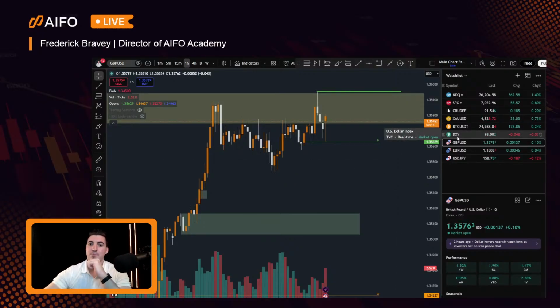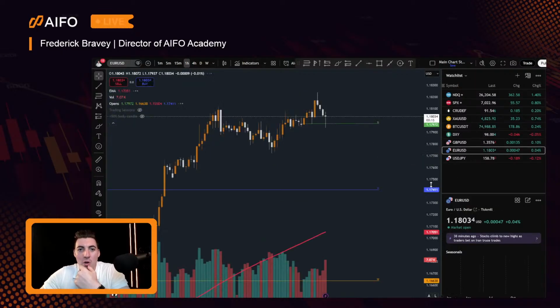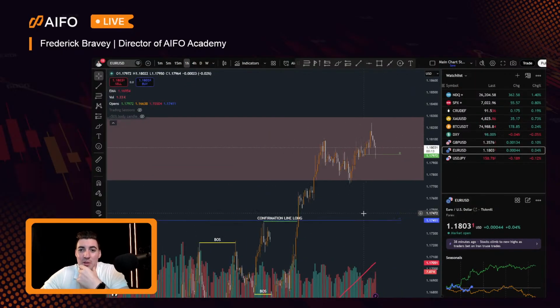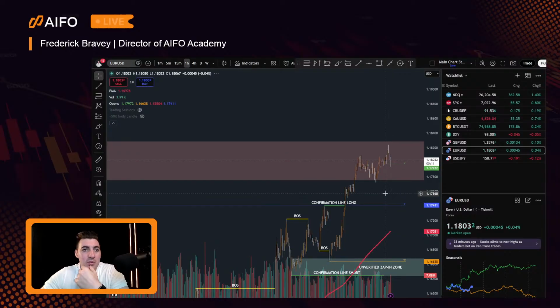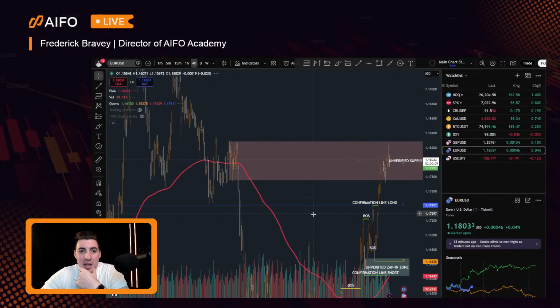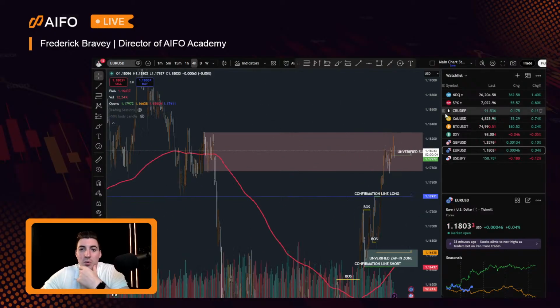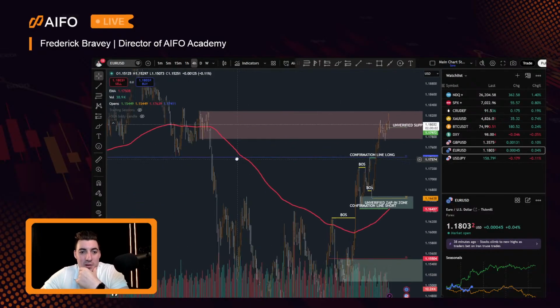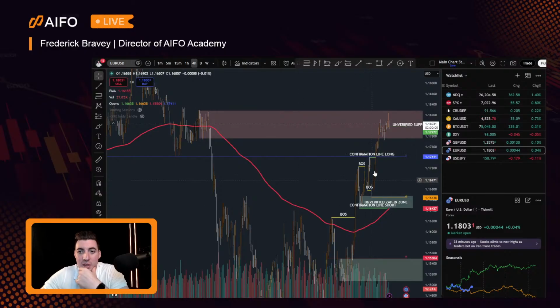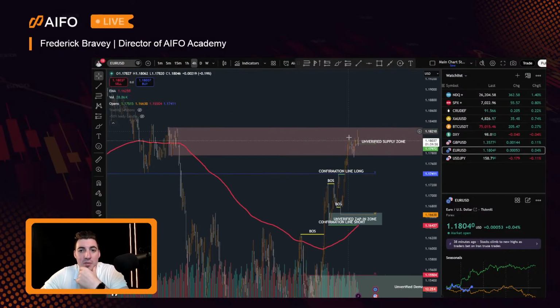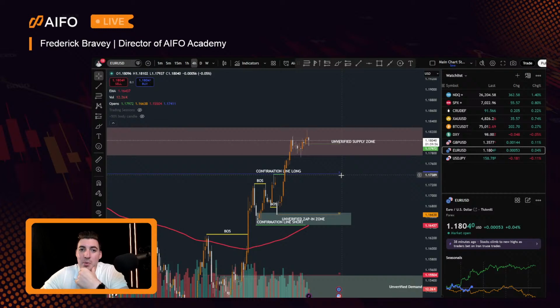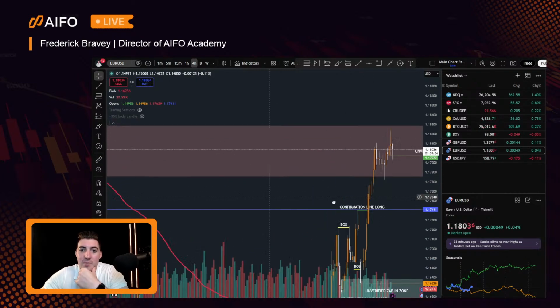If we head over to the Euro US dollar, same thing has happened. It has come up to a very key price point. It's a very interesting area because in theory, the price has come up into this unverified supply zone, and it seems to be having quite a sharp reaction here.